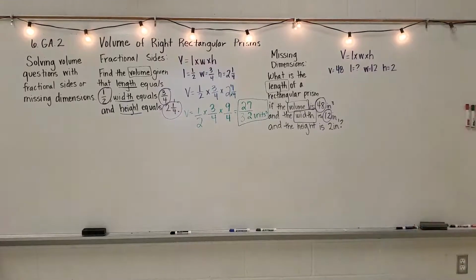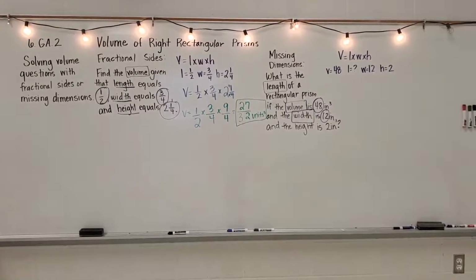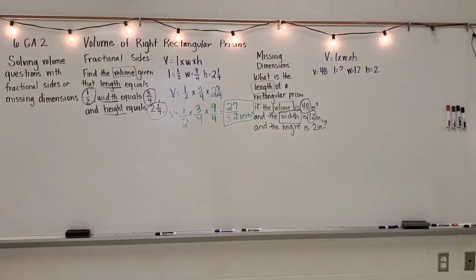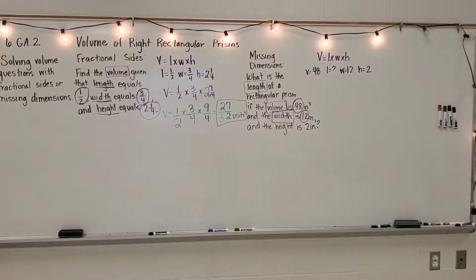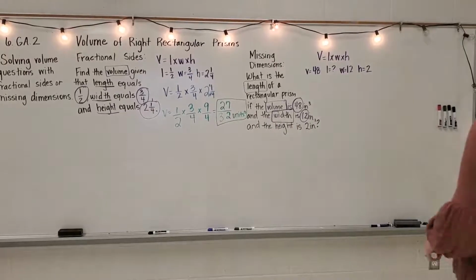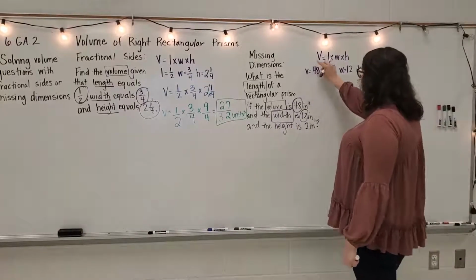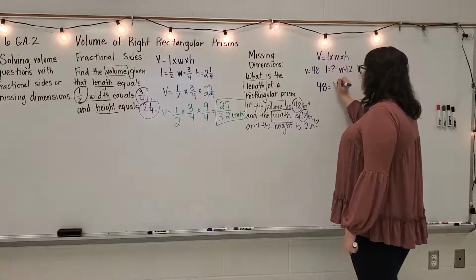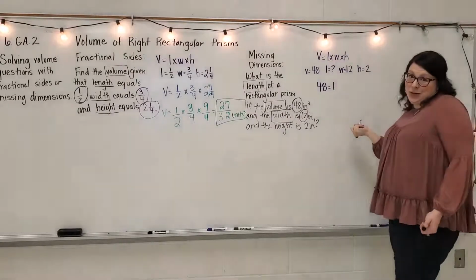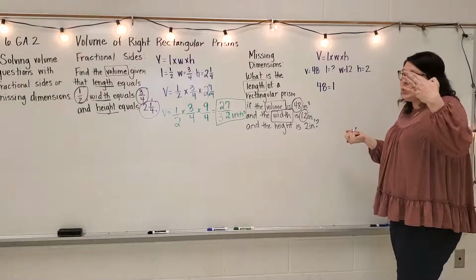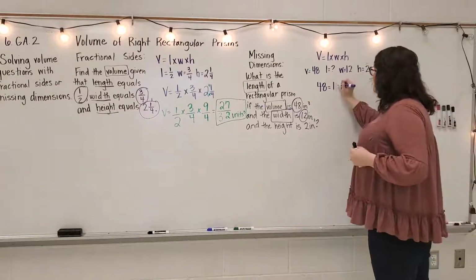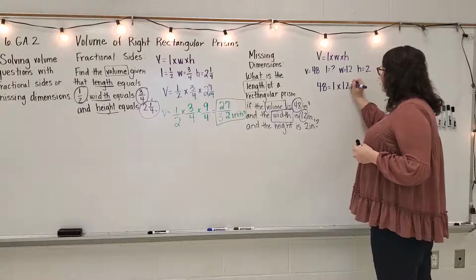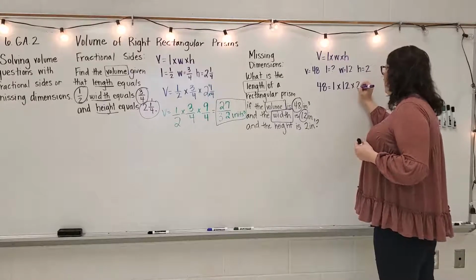So the first thing you're going to do is plug in your values for the dimensions, for the variables that are here. So I'm going to rewrite my formula now, but instead of V, I'm going to put in 48. I'm going to substitute in. For L, I'm going to put L because I don't know a value to substitute in. For W, I'm going to sub in 12. And for H, I'm going to sub in 2.